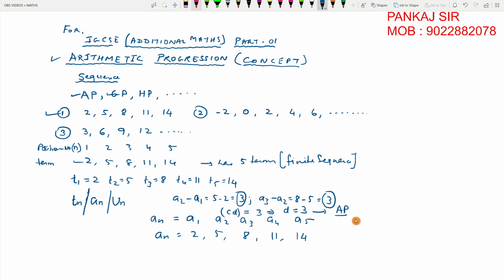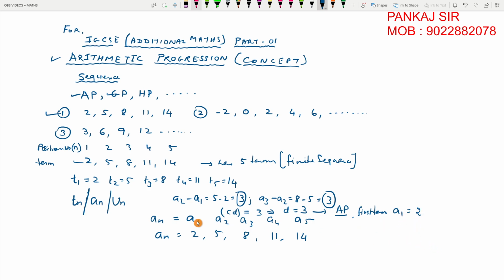And if it is an AP, that D will be equal to 3, which is the common difference of this arithmetic progression. And the first term of this sequence will be A1, which in this case is 2.